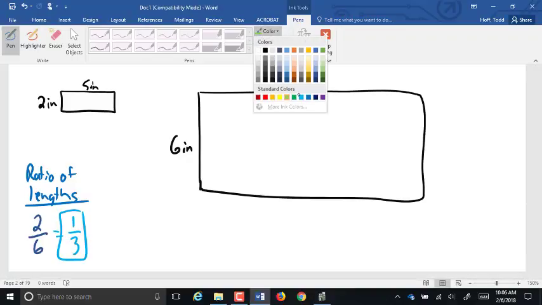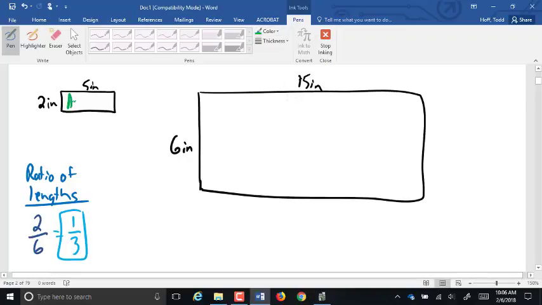What is the area of this figure here? Yeah, 2 times 5 or 10 inches squared. How about the area of this figure? 6 times 15, 6 inches times 15 inches, or 90 square inches.